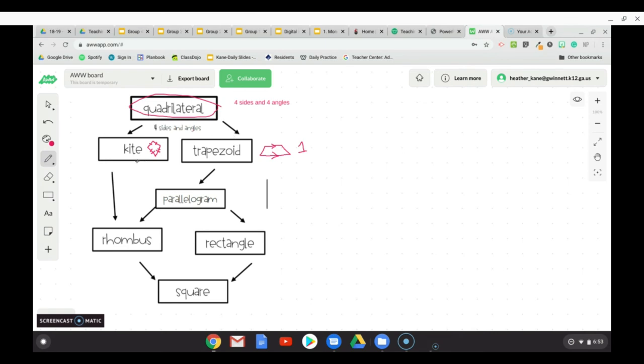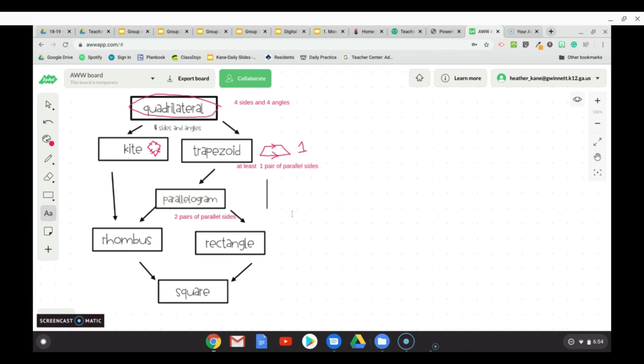Okay, so then from there, a trapezoid can be sorted even more specifically into a parallelogram. So remember, the trapezoid had to have at least one pair of parallel sides. So what do we think the parallelogram has to have? You're right, it has to have 2 pairs of parallel sides, right?